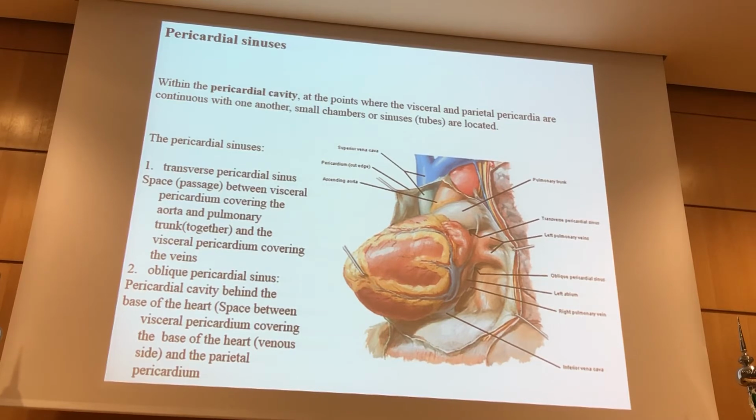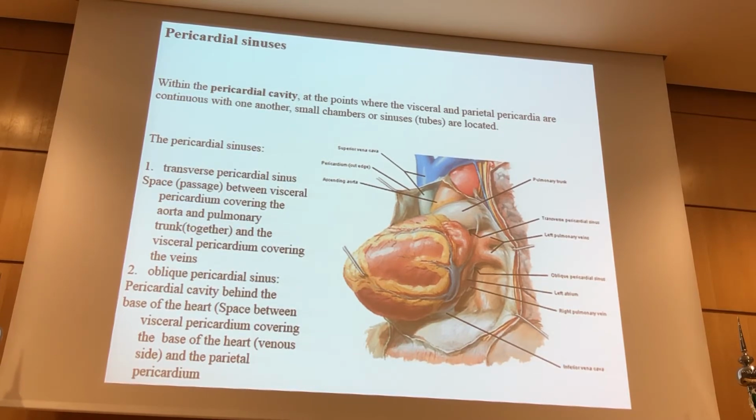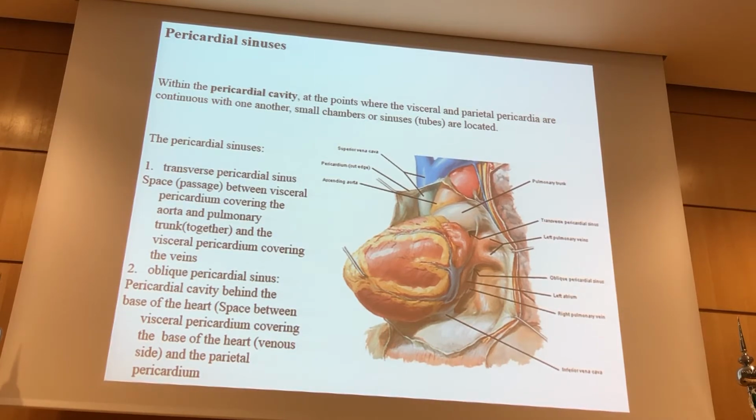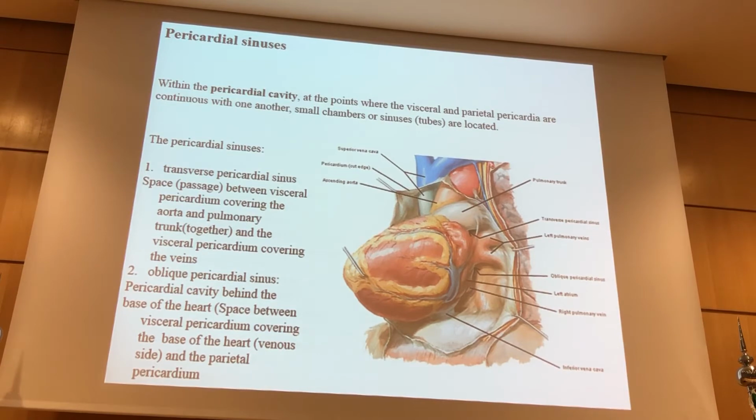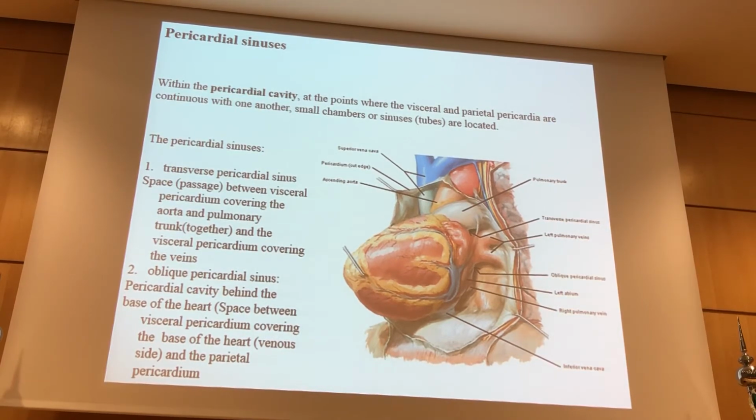Here the concept is simple, regardless of how they describe it in the textbook. Basically the visceral pericardium wraps the heart, and then it reaches the blood vessels. So it's going to wrap the aorta and pulmonary trunk in one compartment, and it's going to wrap the venous side in a different compartment.